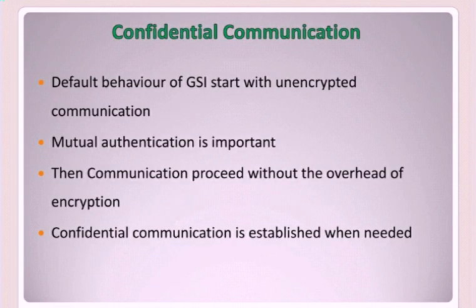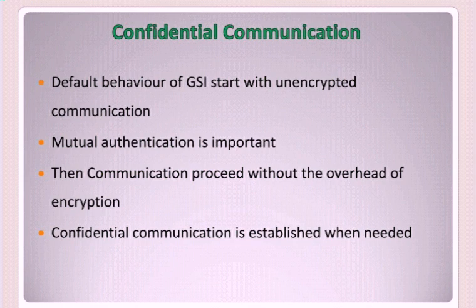Confidential communication. Actually, the default behavior of GSI starts with unencrypted communication. Why is unencrypted communication the default behavior? Because the unencrypted state is short-lived, just like an OTP, it lives only for a short period. So basically, the communication starts unencrypted. Mutual authentication is an important aspect of GSI.